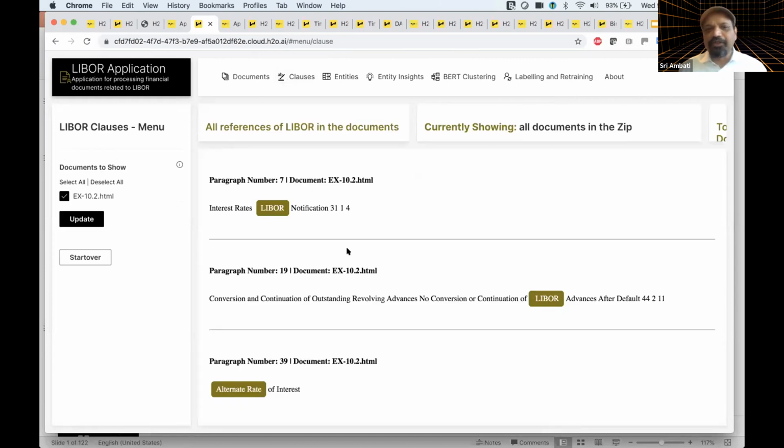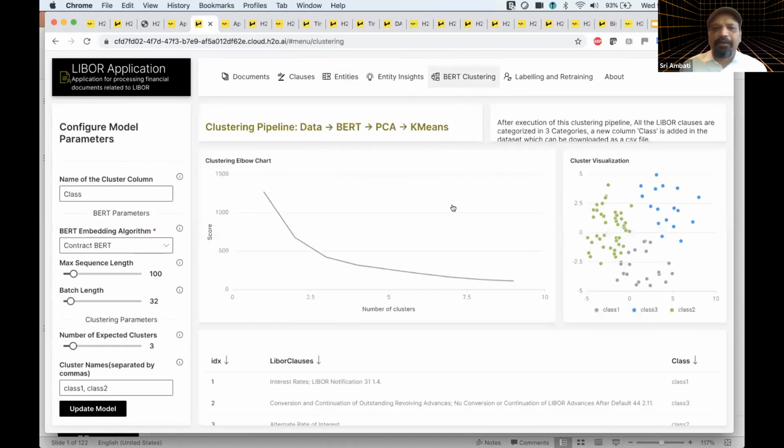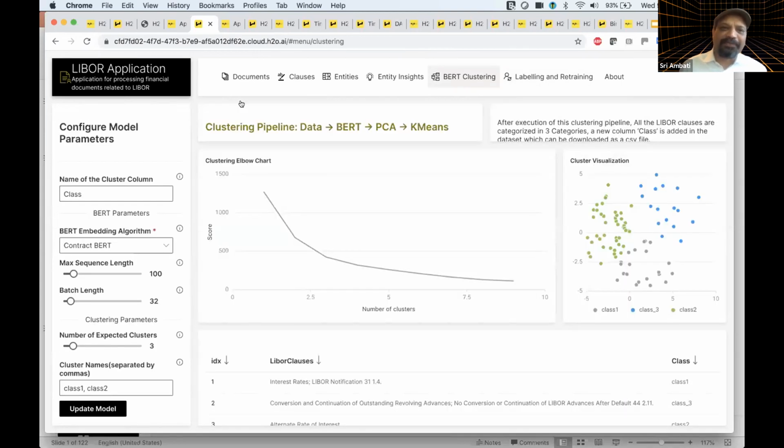LIBOR, as many of you know, is going away. So one of our customers, a leading investment bank in the world, ended up collaborating with us to figure out how many real entities are there in the document and what is the work needed to go and replace these entities in the documents with the right alternatives.